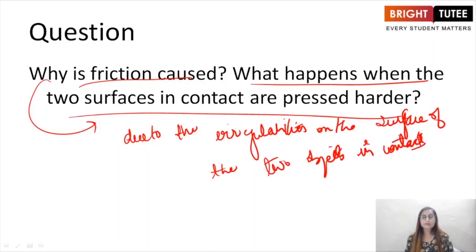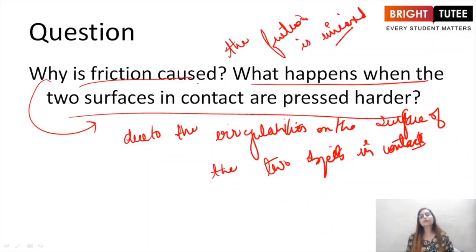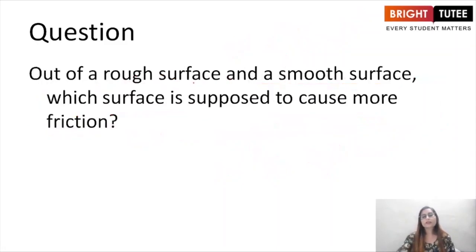This is how friction is produced. Then what happens when two surfaces are in contact and they are pressed harder? The friction is increased. And hence it will be even more difficult to move them now.